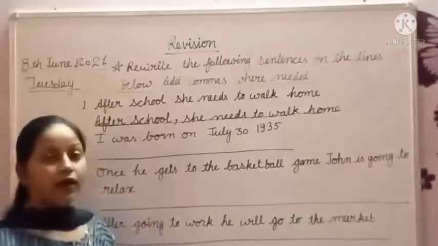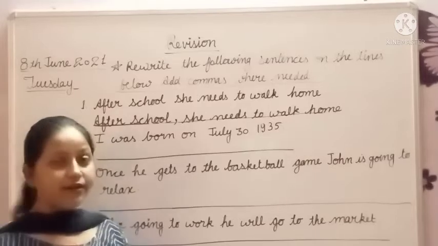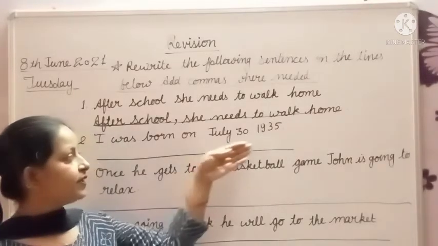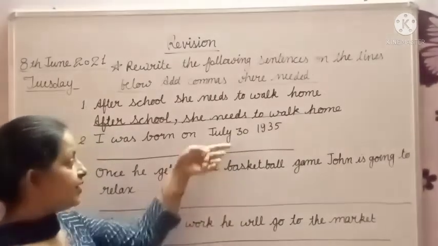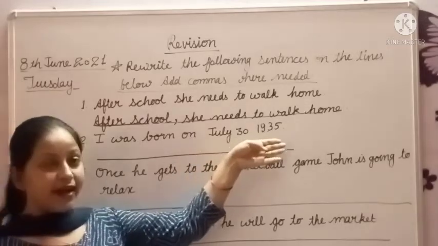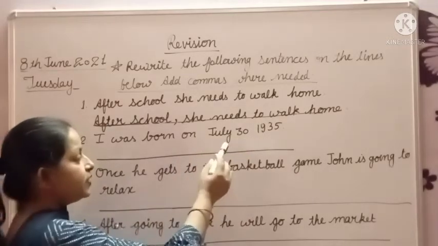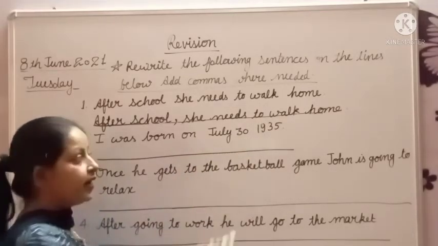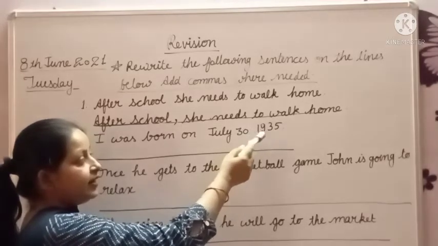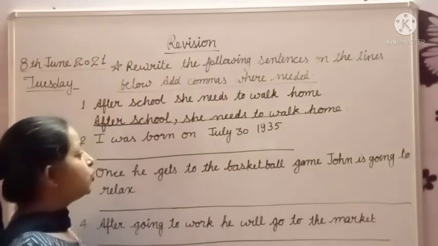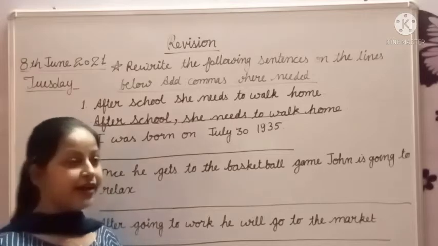So, where is the date and year? Yes, here: July 30, 1935. So we will use a comma in between the date and year. So now we will rewrite the sentence.